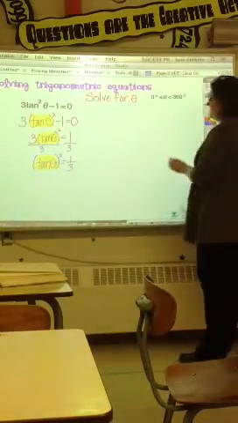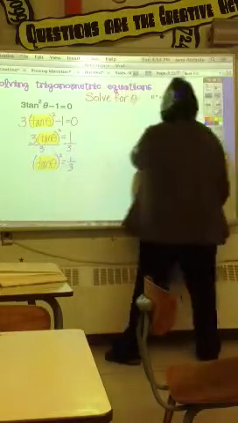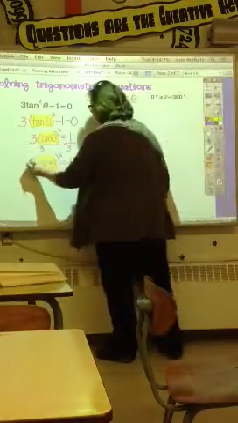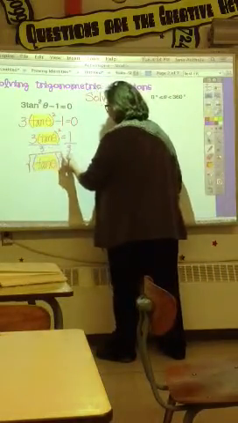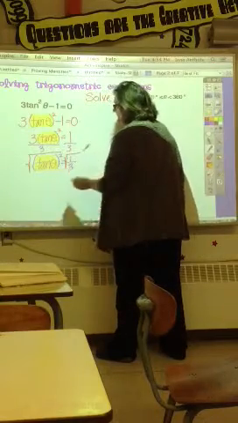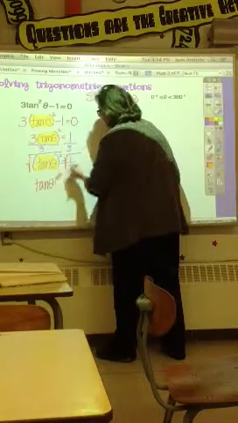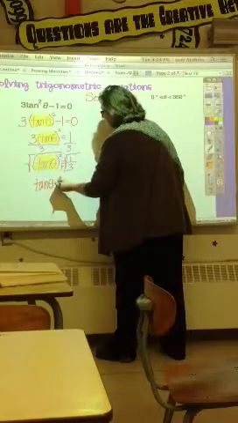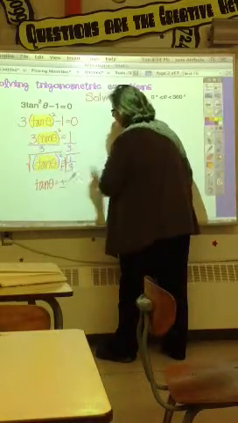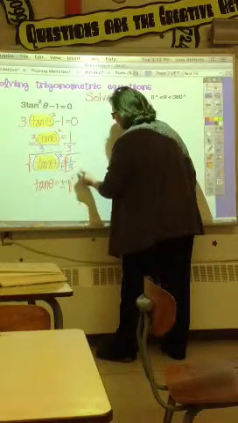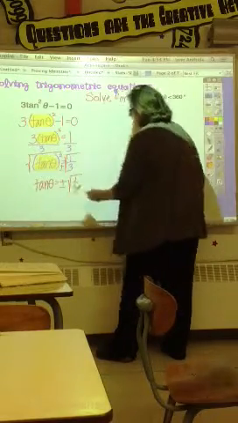So what we're going to do is take the square root of both sides. And we have the tangent of theta, and that equals plus or minus the square root of 1/3.